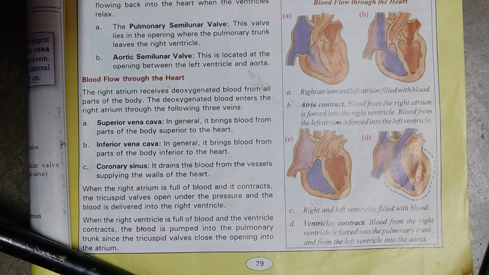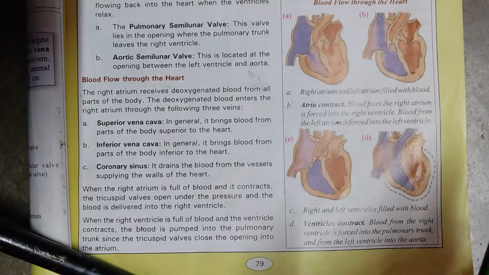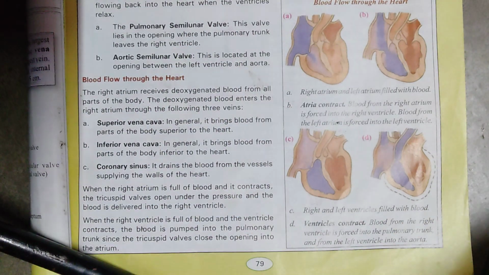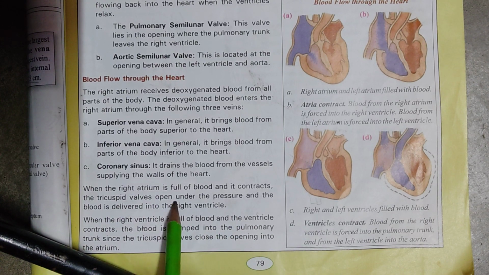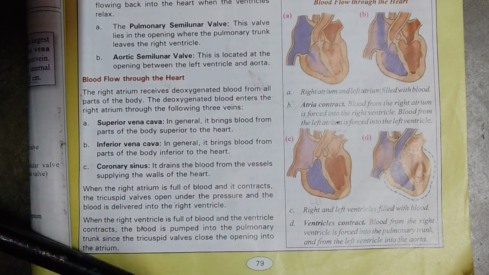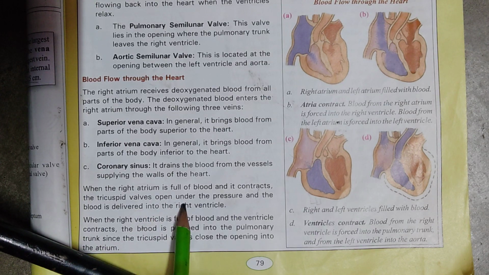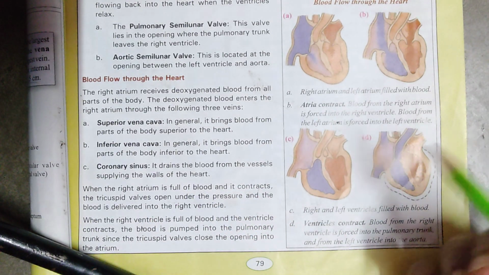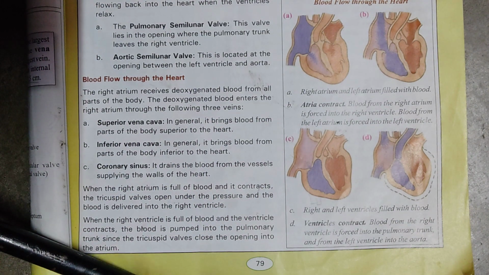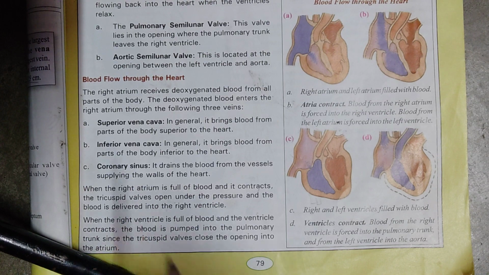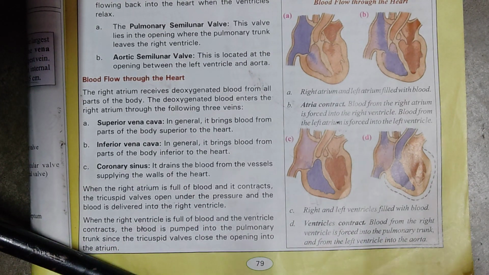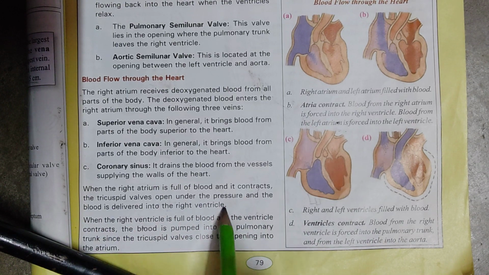The purpose of the right atrium is to flow the blood from itself to the right ventricle, but there is a valve, the tricuspid valve. The tricuspid valve opens when there is contraction in the right atrium, under pressure. The right atrium, because it is full of blood, creates pressure on the tricuspid valve, which allows the whole blood to move, and the blood is delivered into the ventricle.